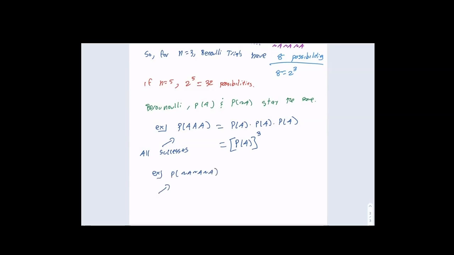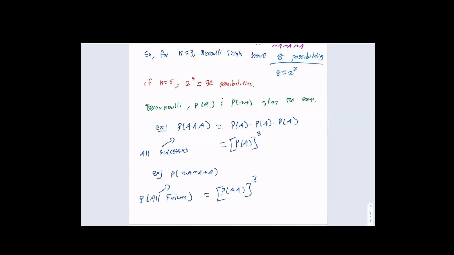This is the probability of all failures when N is 3. So this would be the probability of not A to the third power.